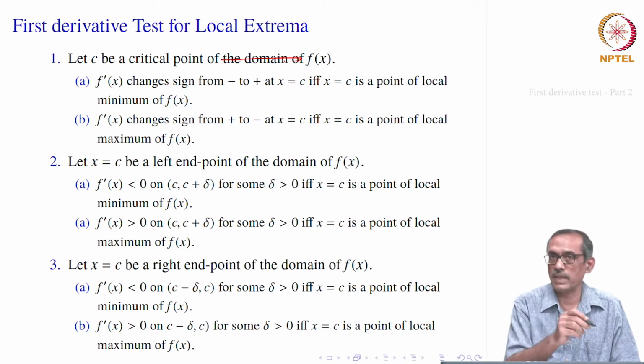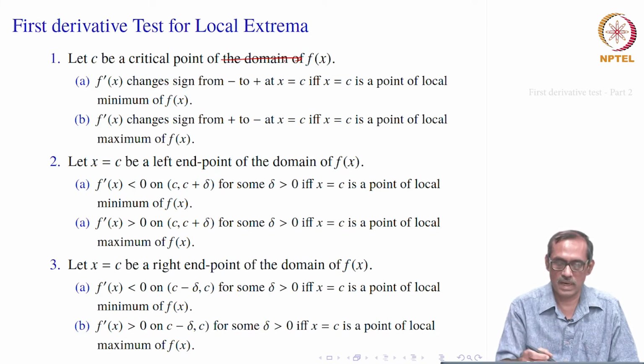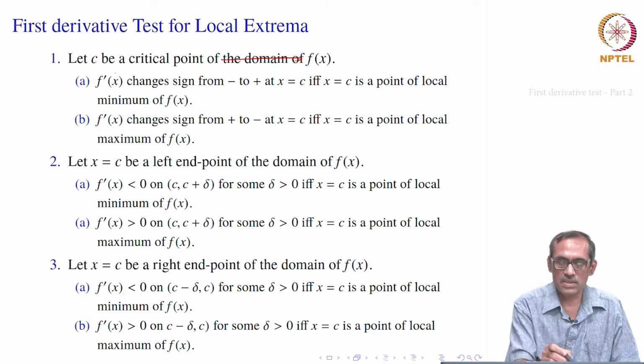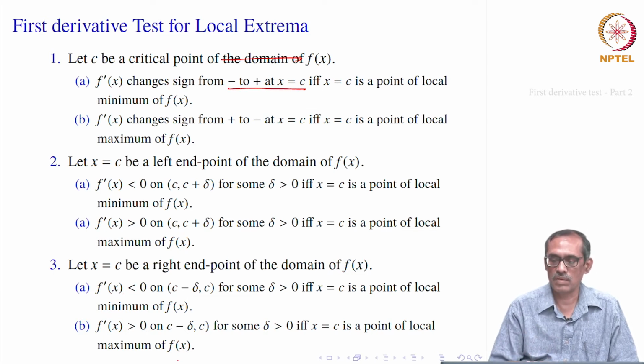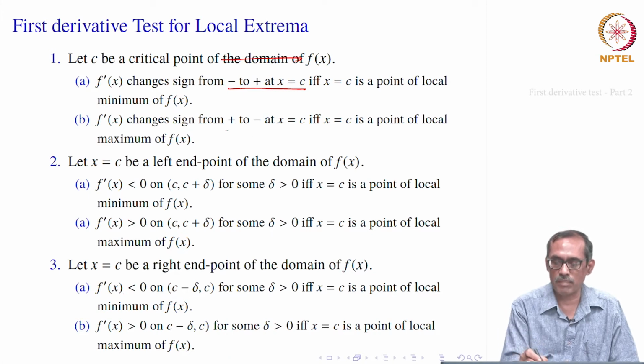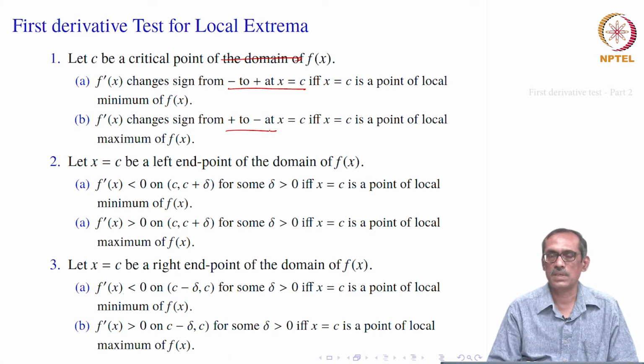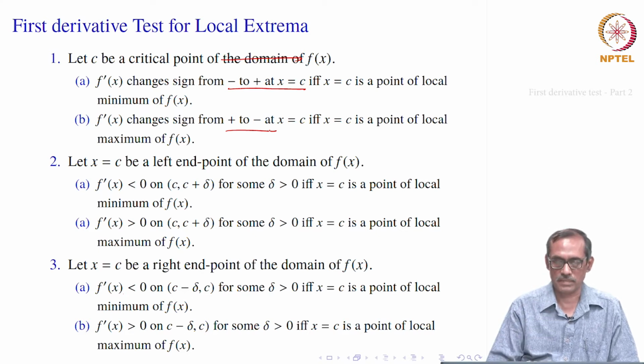For the interior point, that theorem is applicable, and we have already discussed the left and right end points. So we formulate like this. Let c be a critical point of f. If f prime x changes sign from minus to plus at x equal to c, then x equal to c is a point of local minimum of f(x). Minus to plus gives local minimum, and if f prime x changes sign from plus to minus at c, the critical point c is a local maximum of f(x).